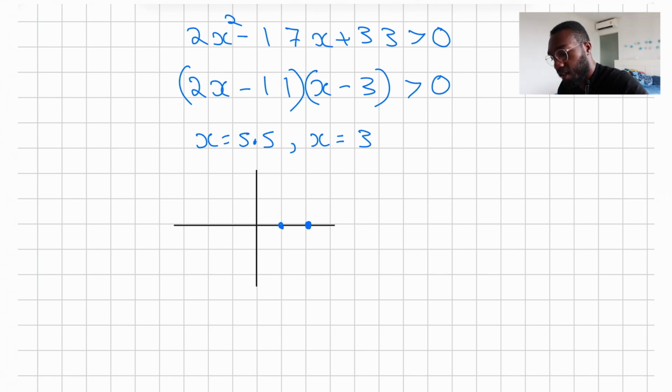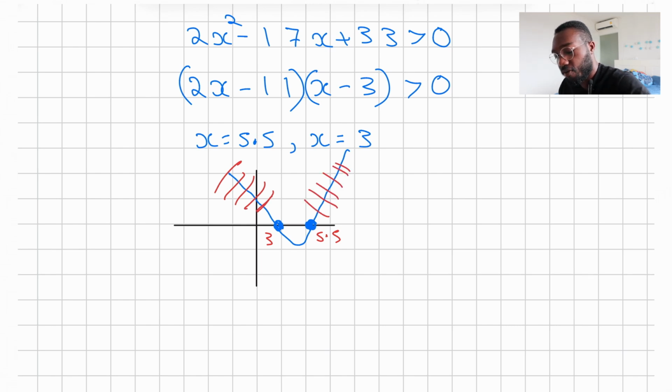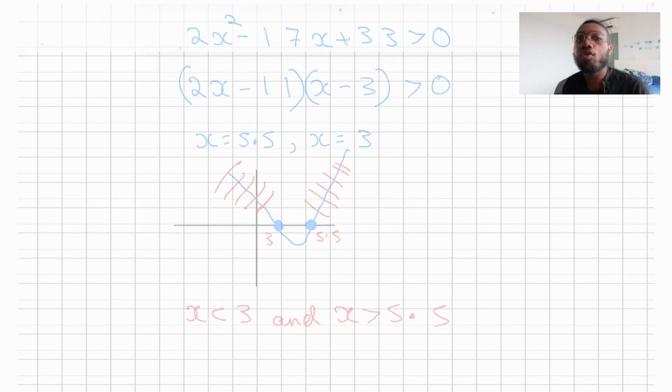That is not the best sketch, let me do that again. It will be something like this, where this is 3 and this is 5.5. We want where it's greater than 0, so it would be these values here. Working that out, we get x is less than 3, and x is greater than 5.5.